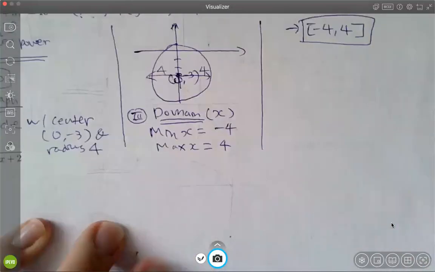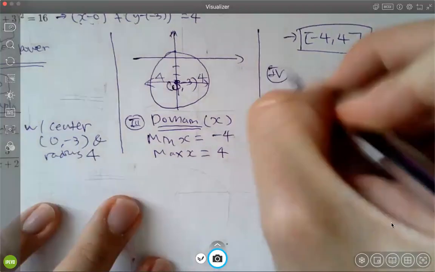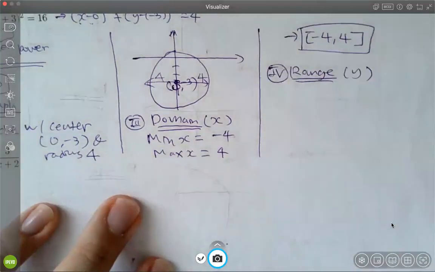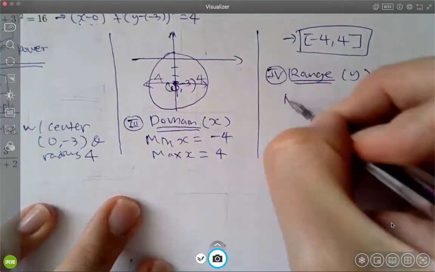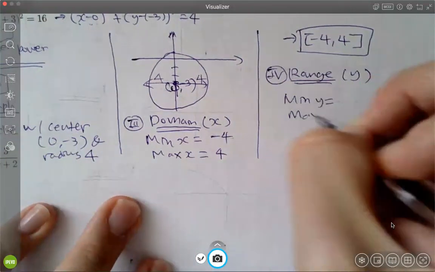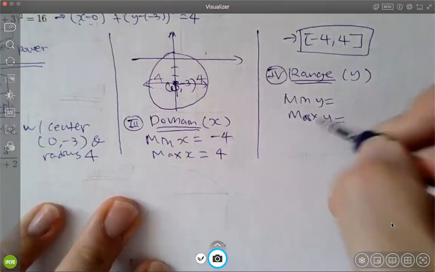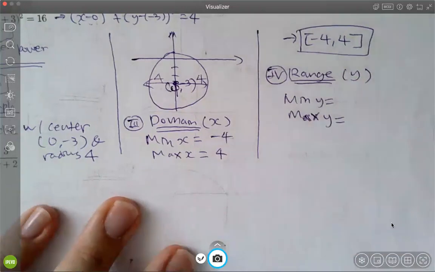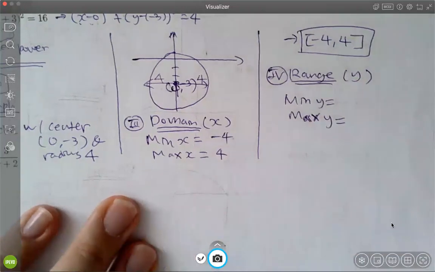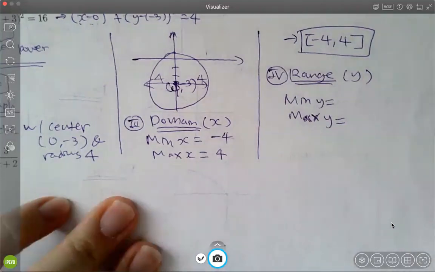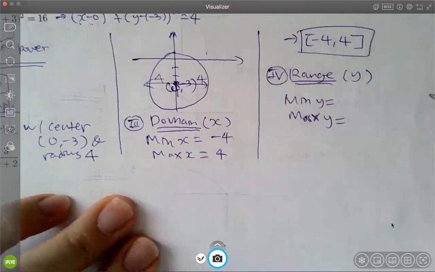Okay. And now, what's the range? The range is the y values. So we do the same thing. What are the minimum y and maximum y? So what is the minimum y here? -7 is the minimum.